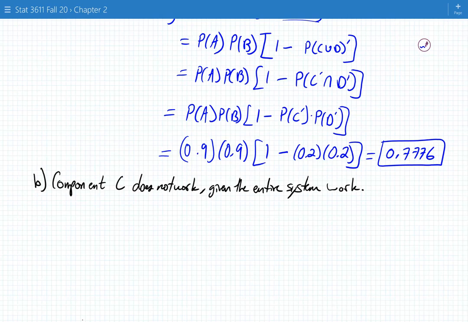This is a conditional probability, right? Find the probability C does not work given the system works.